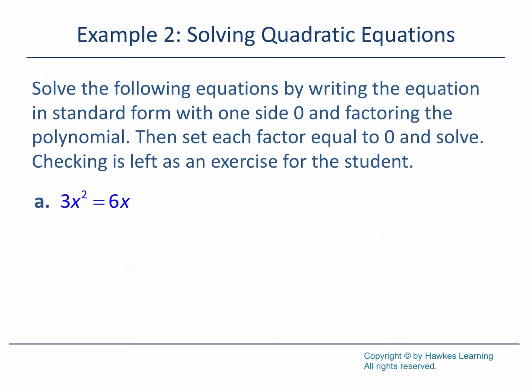Okay, so in these, we're going to have these polynomials. We want to solve them by factoring. Now, you might be thinking to yourself, when you look at this equation, oh, I could just divide by x.